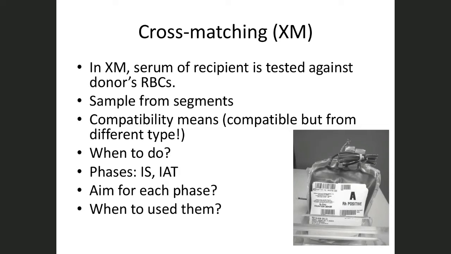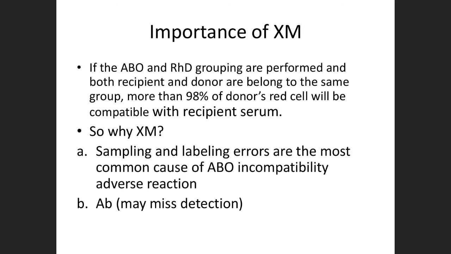So we discussed when to use them, depending, as we said, on the donor and on the patient situation, whether it is a sensitized patient or a patient without a low antibody. Let's move on to the importance of cross matching. As we said, we have to do an immediate spin to detect ABO compatibility.